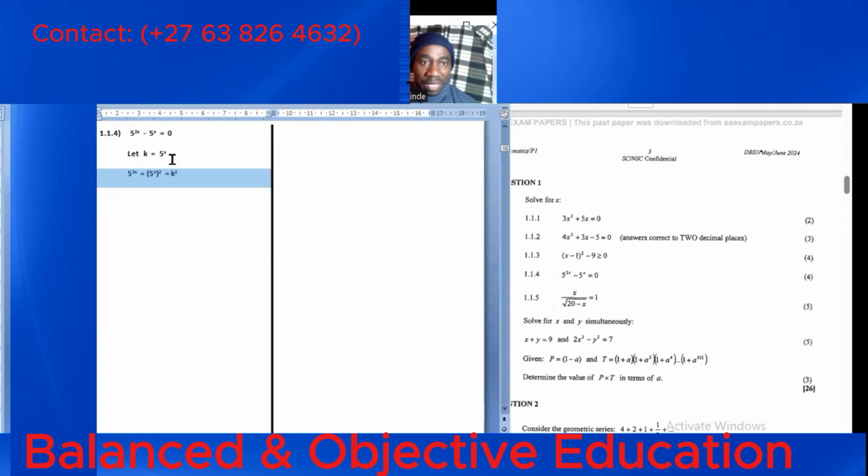And you know that 5 exponent x itself, it is k. So that means all this will be equal to k squared. So it is that simple. So now we will make appropriate substitution into the original equation. So here, you substitute k squared for 5 exponent 2x, then minus, you substitute k for 5 exponent x. Now you can factorize with k here.